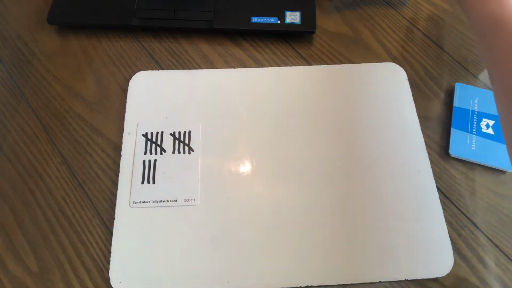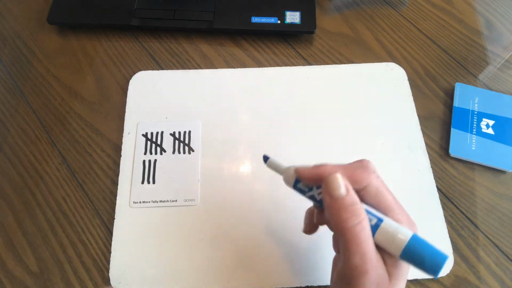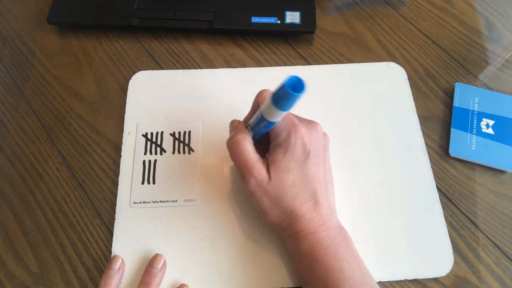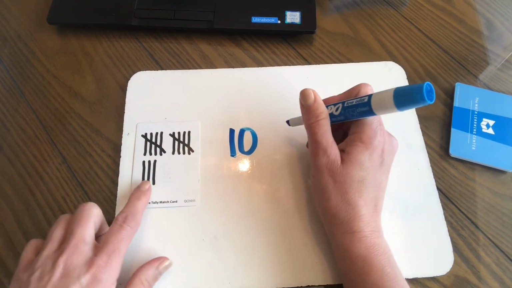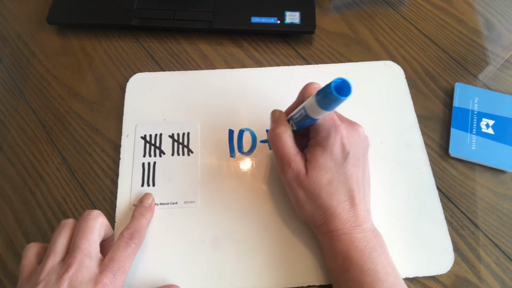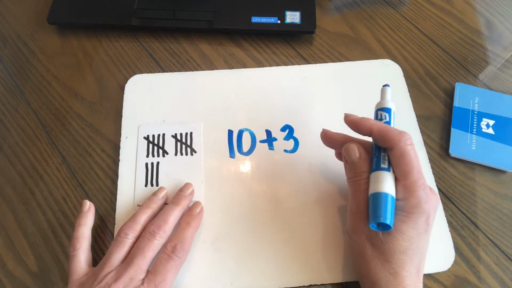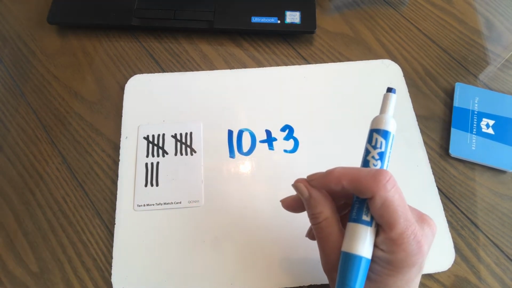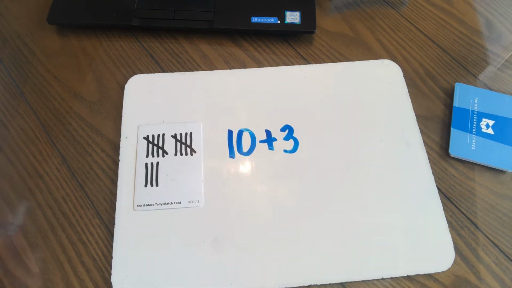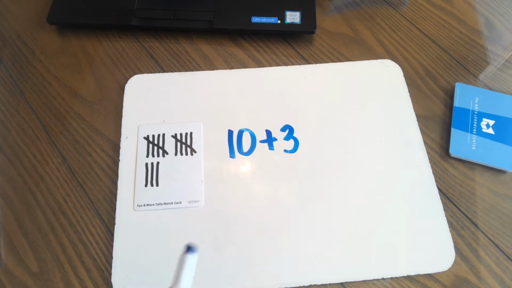When I look at this card, I notice that there is a 10 on top and a 3. So I can represent this card with a 10 and a 3. Does anyone know what 10, 3 is?